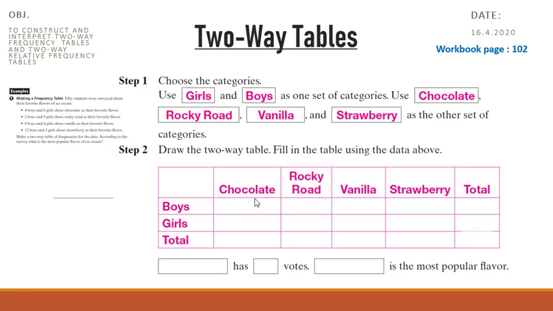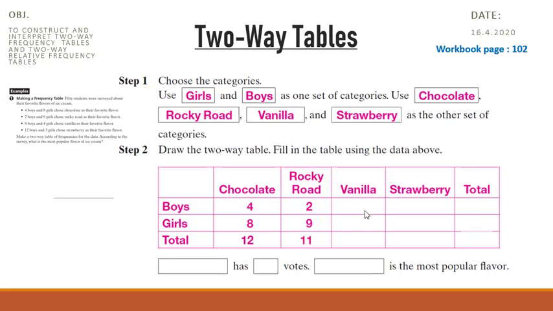How many boys like chocolate and how many girls? 4 boys and 8 girls. So 4, 8, and the total is 12. Good. Rocky Road: 2 boys and 9 girls, so it's 11.